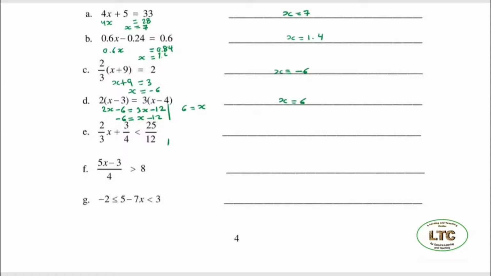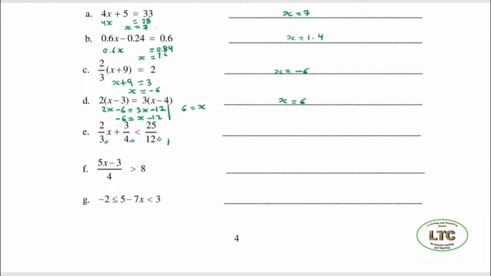E is an inequality. So to make the view clearer, let's remove the denominators 3, 4 and 12. To remove these 3, 4 and 12, we will multiply the left hand side and right hand side of the inequality by 12.